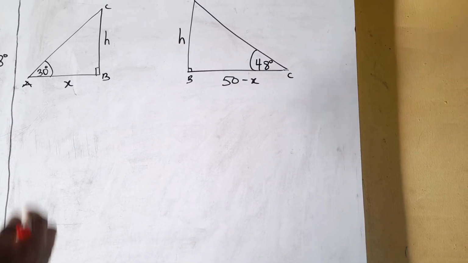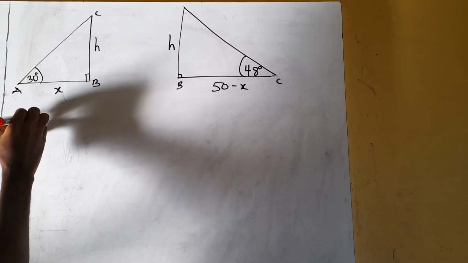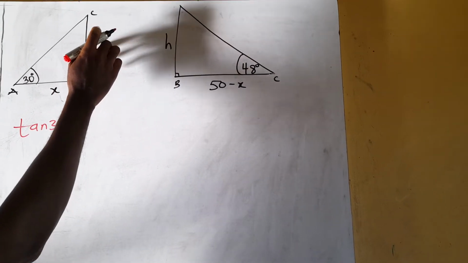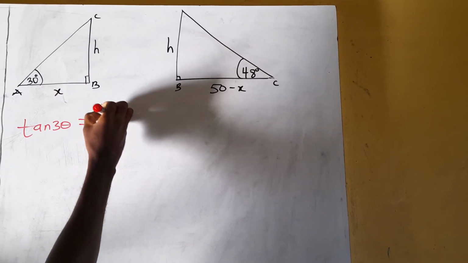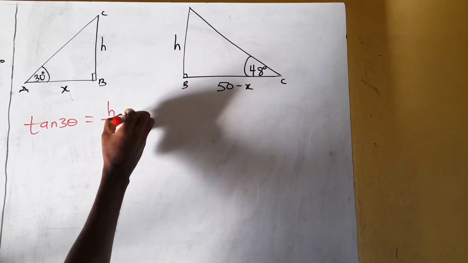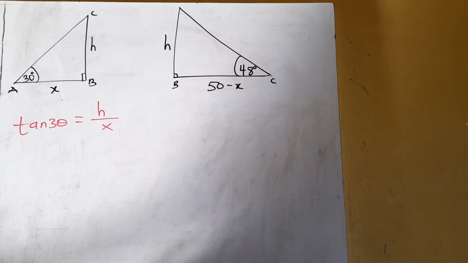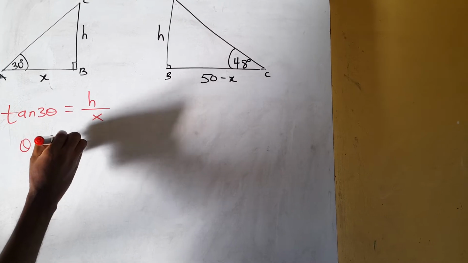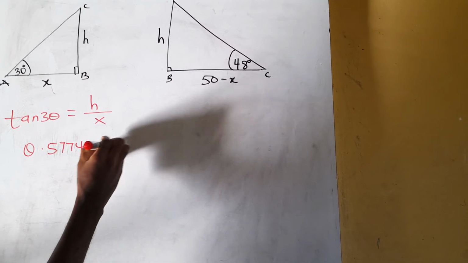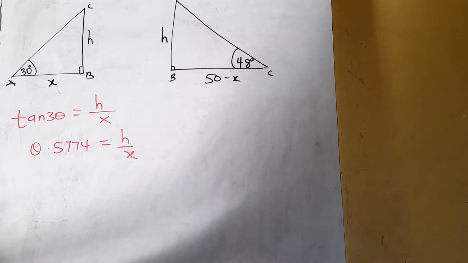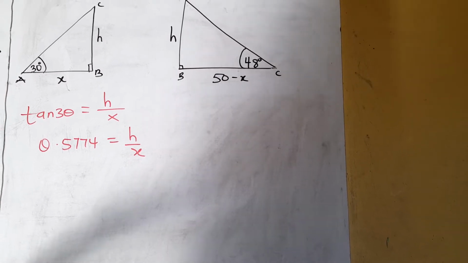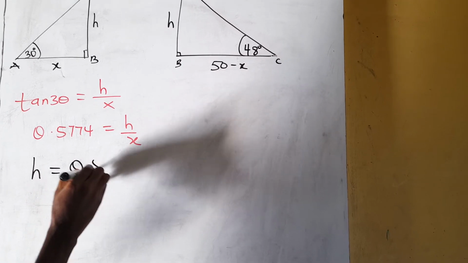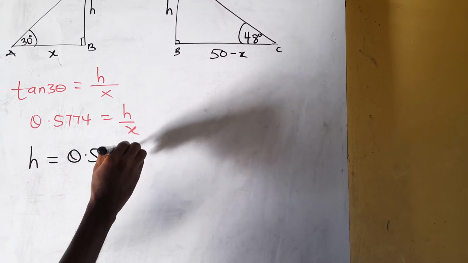So, let's try to solve that. So we can say our tan 30 will be equal to opposite, that's H, over the adjacent, that's X. Tan 30 is 0.5774 and is equal to H over X. So, on cross multiply, our H will be equal to 0.5774x.